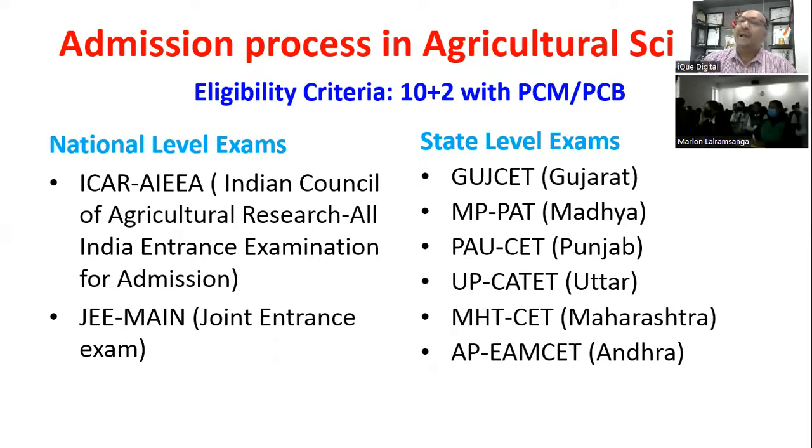Plus, a lot of private universities conduct their own entrance exams, and a number of states conduct their separate entrance exams for generally the BTech programs. For BSc programs, many states in the area of agricultural sciences may also admit students based on 10 plus 2 class merit, right?